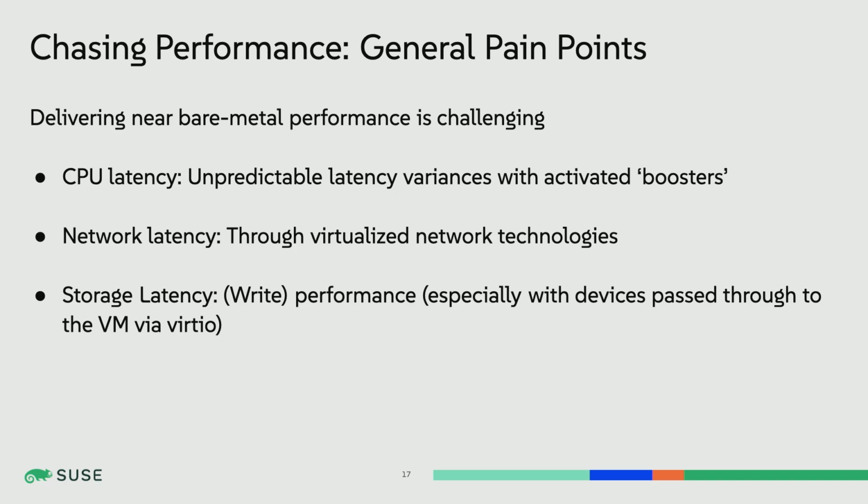And storage latency on the write performance mainly. We have some pain with devices that are passed through via VirtIO. We have other ways to pass through devices to a VM, but VirtIO is a general problem currently.